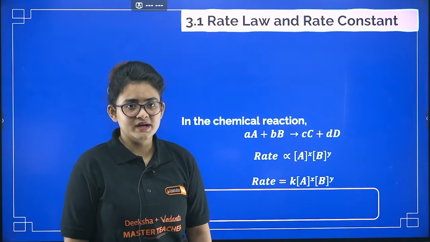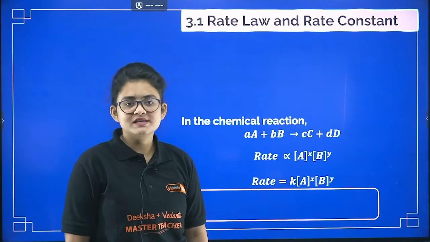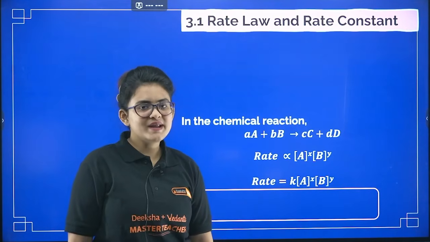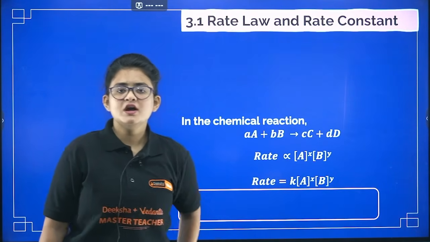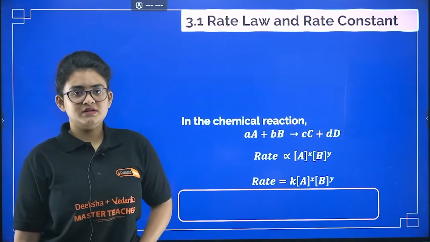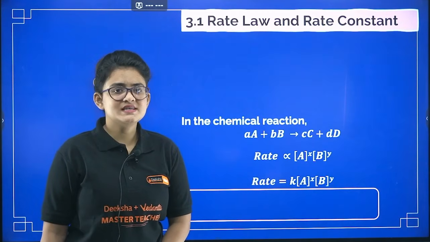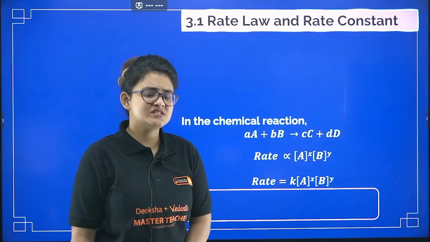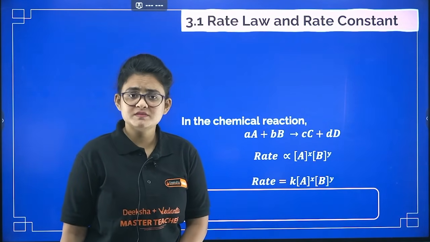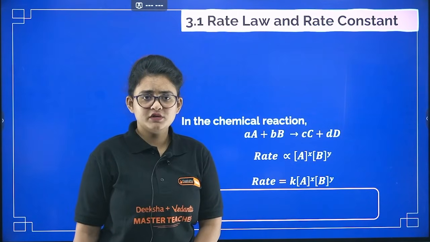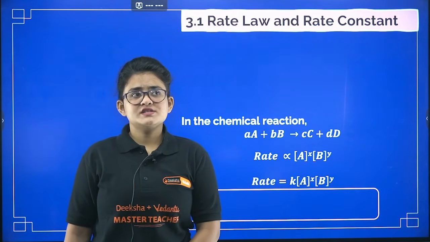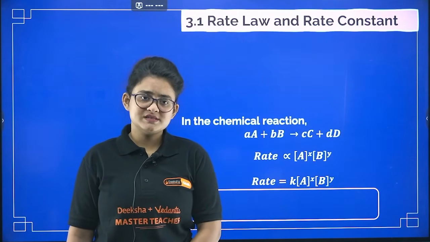Not always. If the reaction is an elementary one, elementary reaction means the reaction occurs in a single step, such as the SN2 reaction, substitution nucleophilic, a second order reaction.